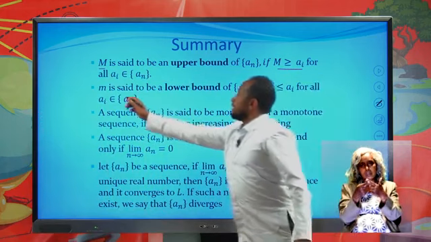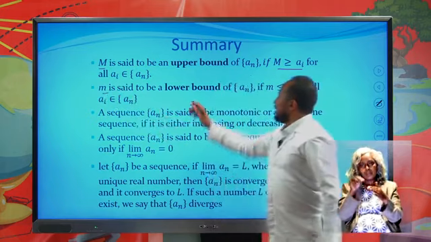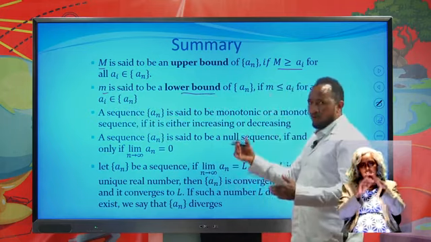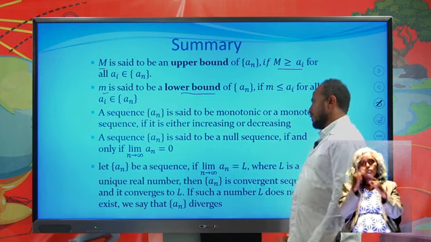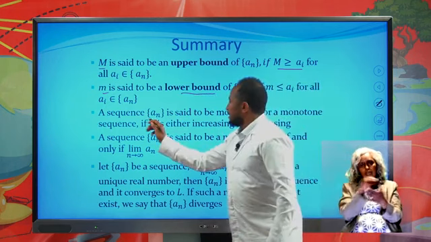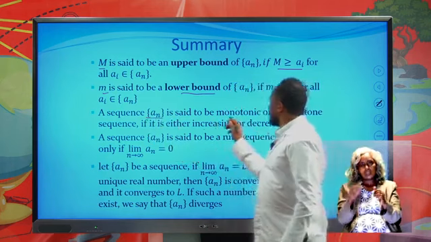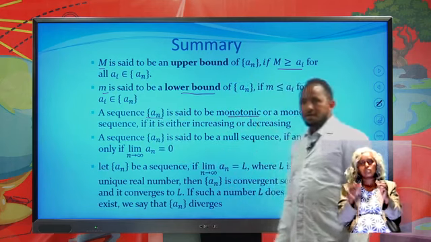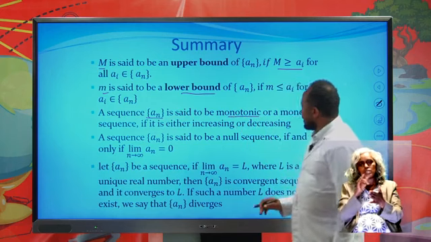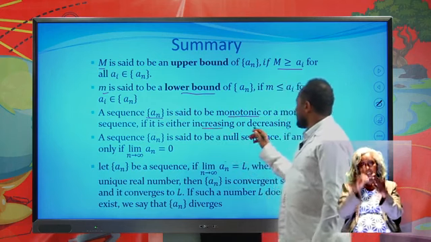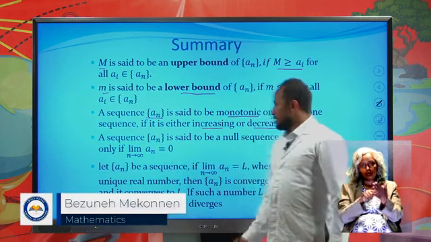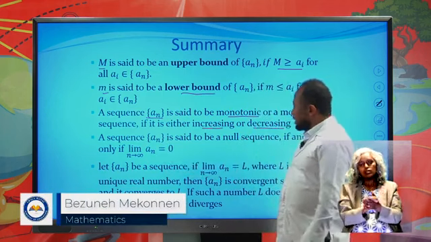Second, m is said to be a lower bound if m is less than or equal to all terms of the sequence. And a sequence a_n is said to be a monotonic sequence or a monotone sequence if it is either increasing or decreasing.